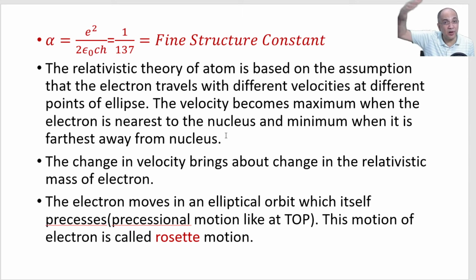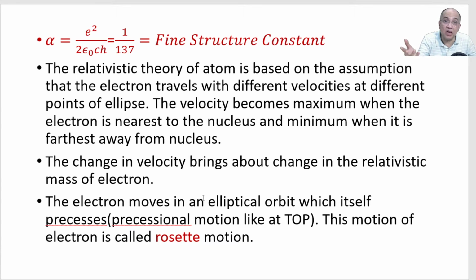And when it goes further away from the nucleus, its velocity goes on decreasing, and at the furthest point its velocity is minimum. So whenever there is a change in velocity, same electron, same principal quantum number, but different velocities. Supposing this is the focus where the nucleus is situated, and the electron is here, and the next moment it is here, farther away, so its velocity is changing.